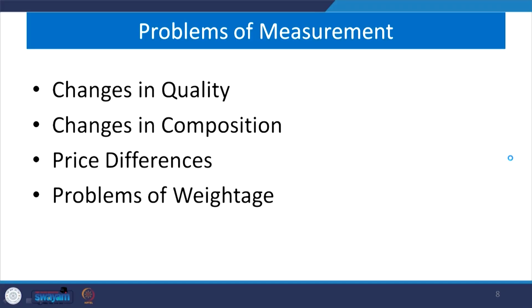Similarly, weightage, what weight to be taken? We take weight for certain products to get the average. Our measurement of terms of trade is through the weighted average of export and import prices, an index of export prices to import prices.